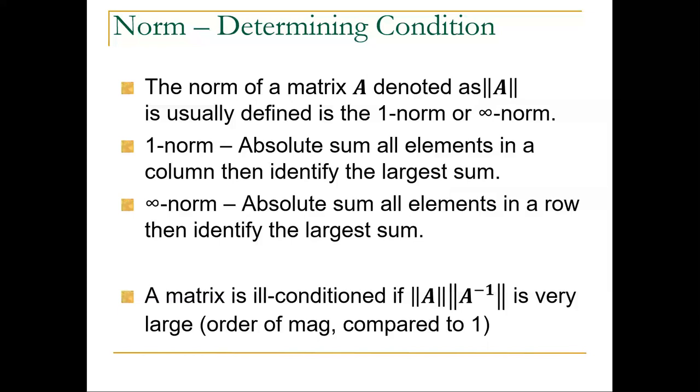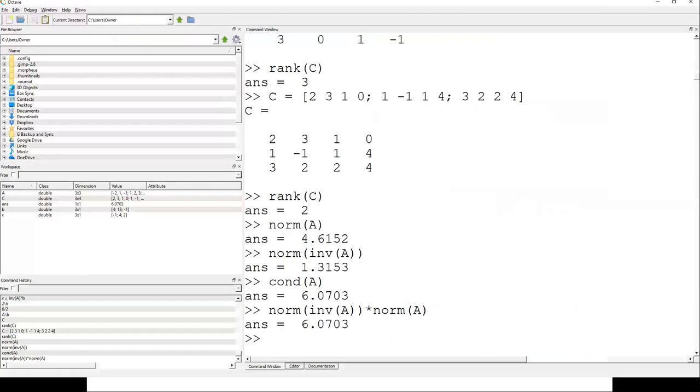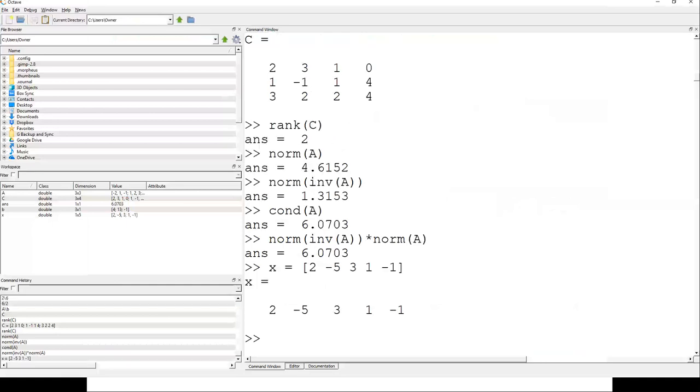Just like if I write a number here and give it a variable x equal to -2, 5, -5, 3, 1, -1. Let's see if I can get the norm of this.